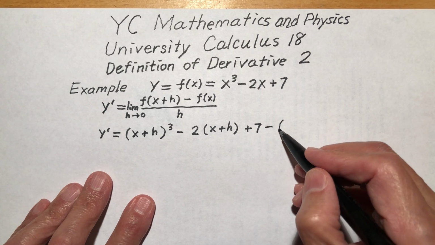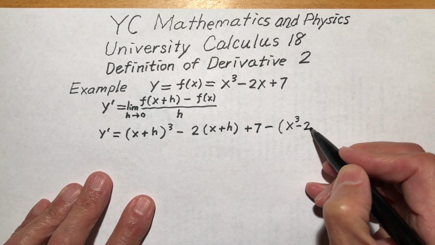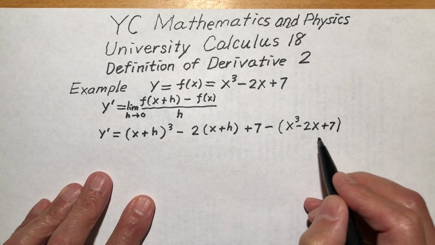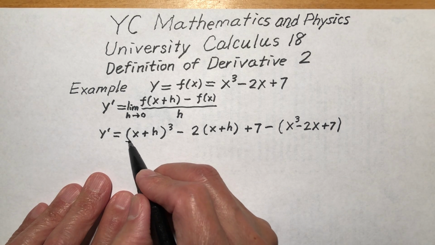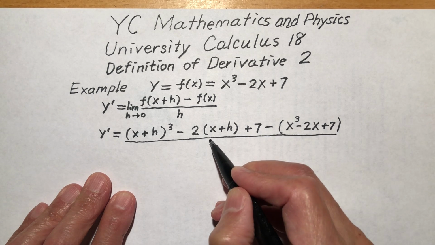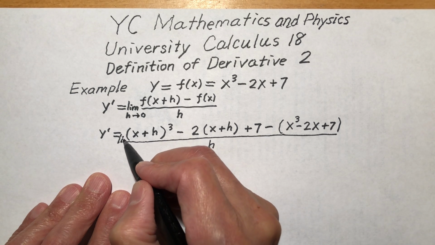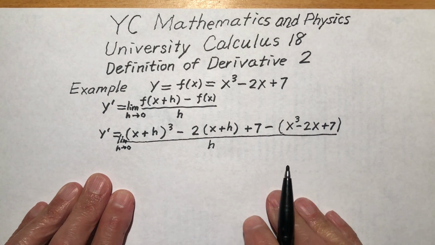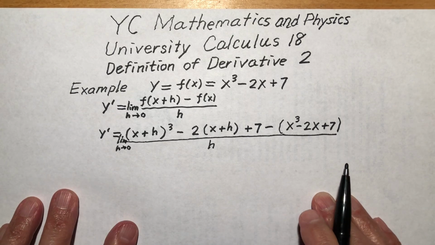Subtract this: x cubed minus 2x plus 7. This part is f of x. And you divide the whole thing by h, and you take the limit, h goes to 0. Okay, this is what we have according to the definition.